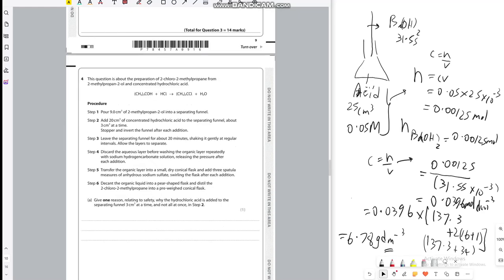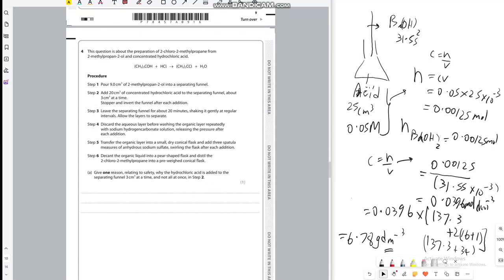So I guess they say anhydrous sodium sulfate. When I see the word anhydrous, I feel that this sodium sulfate is added to remove the water or the moisture. And we'll see. Give one reason related to safety why the hydrochloric acid is added to the separating funnel 3 centimeter cube at a time and not all at once in step 2.